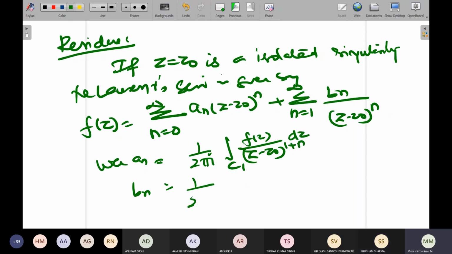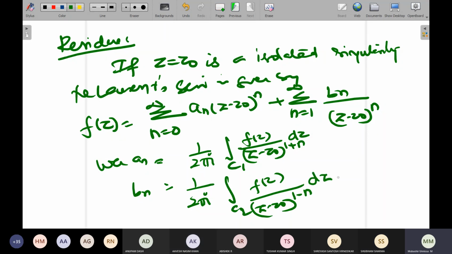What is your bn? 1 by 2 pi i integral over C2 of f of z divided by (z minus z naught) whole power 1 minus n into dz. This is the thing I gave you.